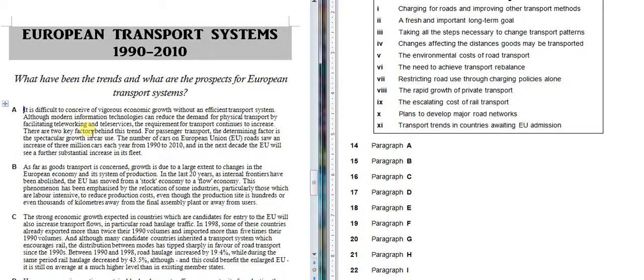All right. Take a look at part A. Okay, I see two key factors behind some kind of trend.